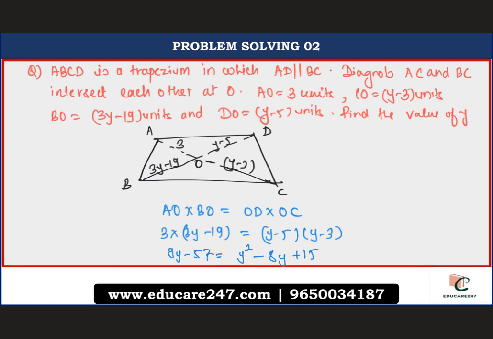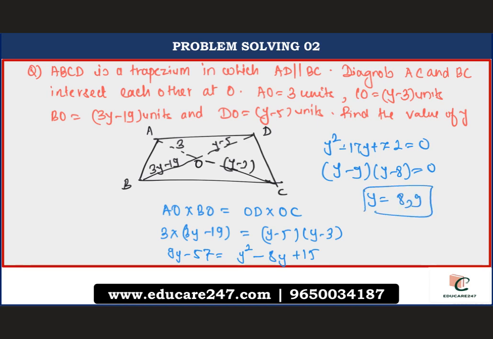So when you solve this by taking all of this on the right hand side, you will get your final equation as y square minus 17y plus 72 is equal to 0. If you solve this, you will get y minus 9 and y minus 8 is equal to 0. So y is either equal to 8 or 9.